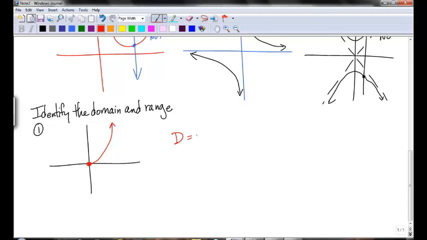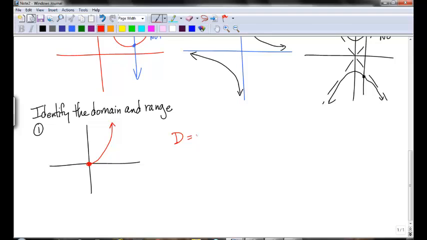When you do the domain, you always go left to right across the screen. Okay? And you're looking for domain. What's the first x value that I get to? 0. And it's a solid point. So x is 0. And what other x values are used?